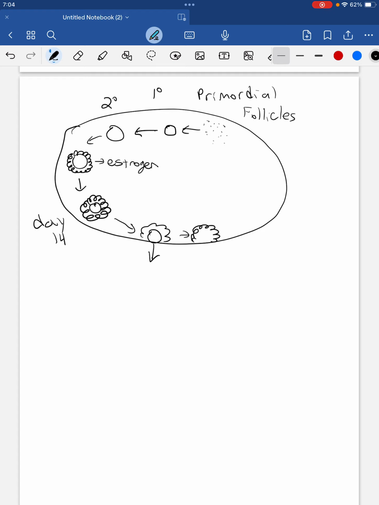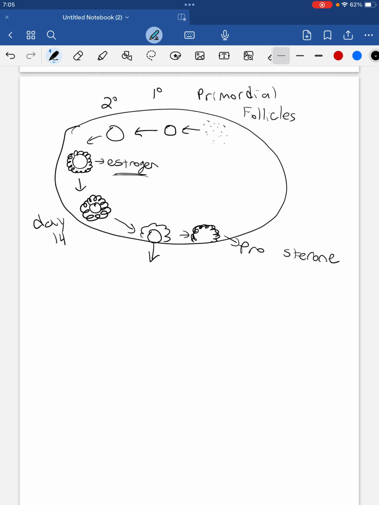These remaining cells are yellow, and these are called the corpus luteum, and these produce progesterone. Estrogen and progesterone both work together to prepare the uterus for a possible implantation of a fertilized egg.